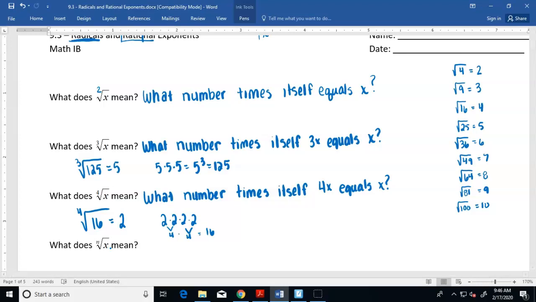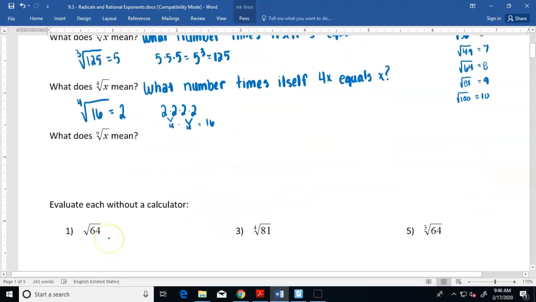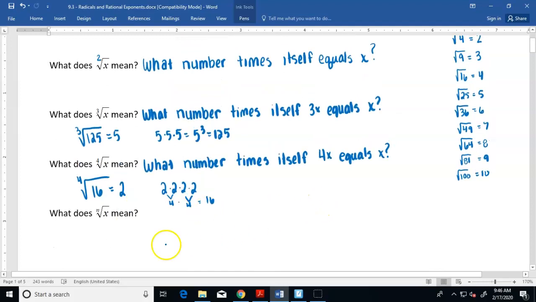And so any type of root that you have, any type of radical, if we have the nth root of x, so n could be any number right here. It could be 1, it could be 2, it could be 7, it could be 14.